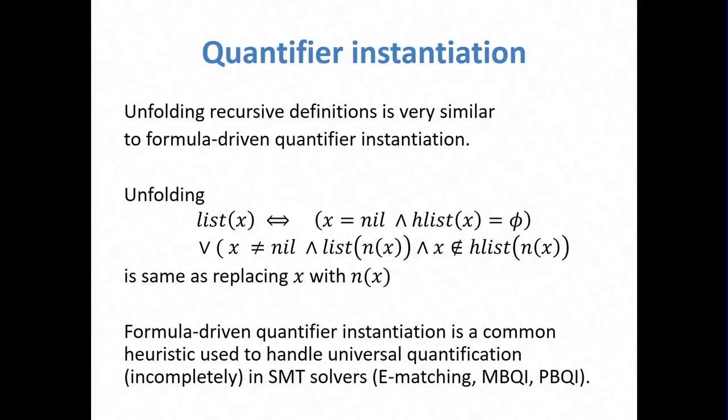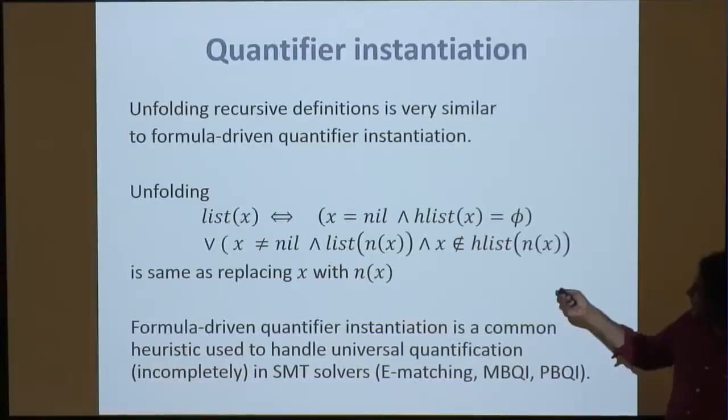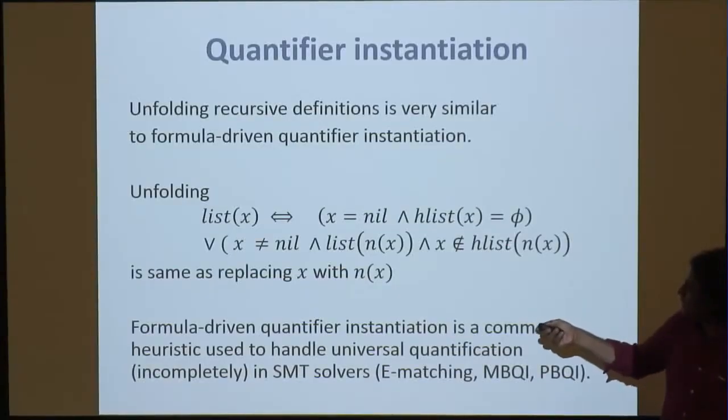All right. So this has got to do with quantifier instantiation, right? Now it turns out that unfolding recursive definitions is really very similar to formula-driven quantifier instantiation. For instance, if I have this definition of lists, right?